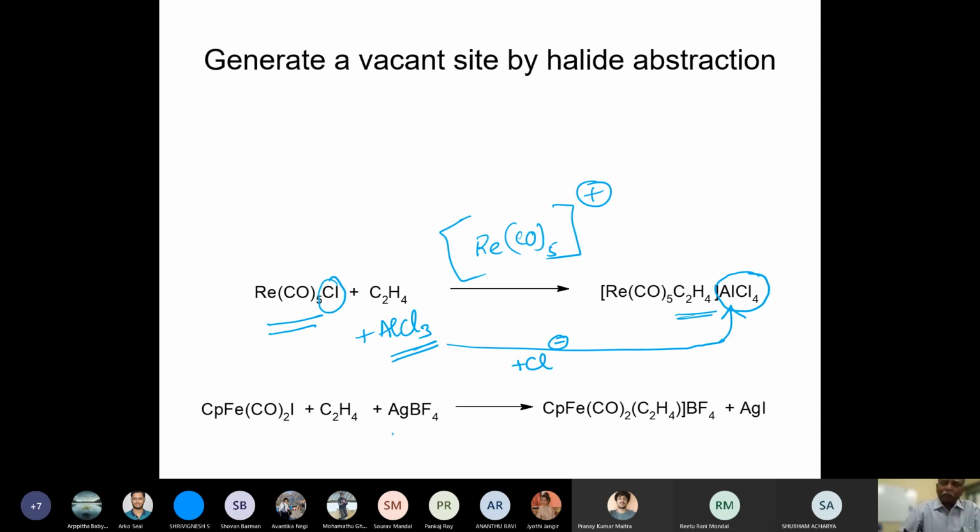Similar situation. Now I use a stronger halophile, which is Ag plus. So Ag forms AgI, generates a vacant coordination site, and that coordination site, let me picture that here.